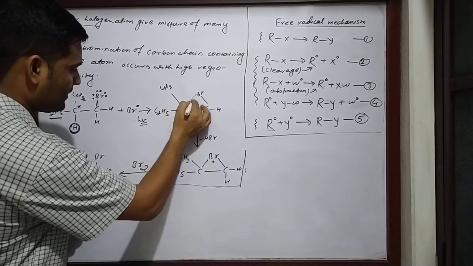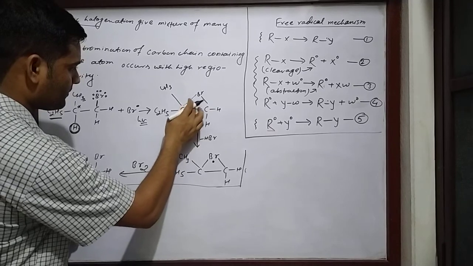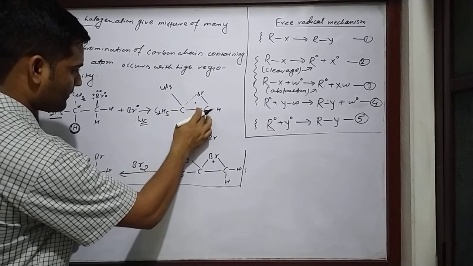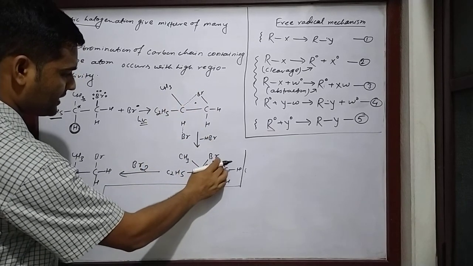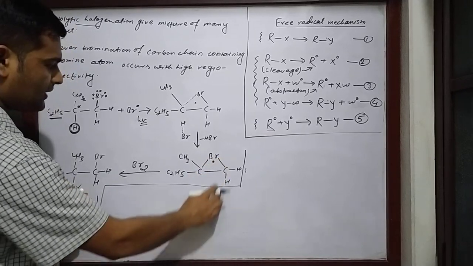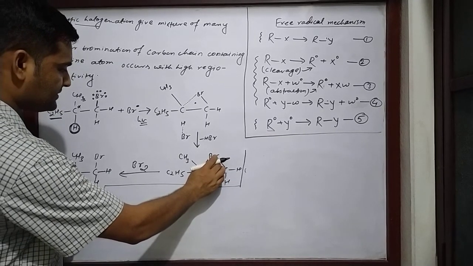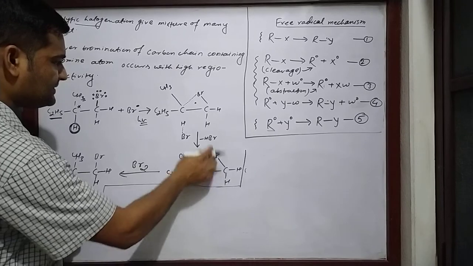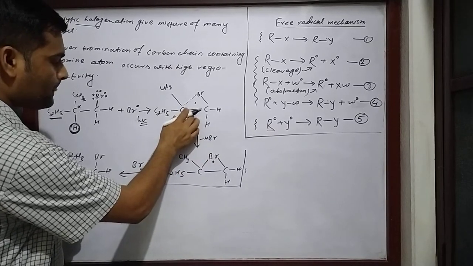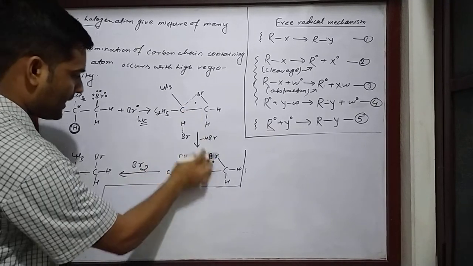This free radical shared between the bromine, carbon, and carbon gives such a cyclic transition, a 3-member cyclic transition state, and it acts as a free radical.